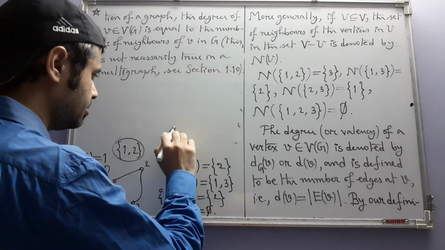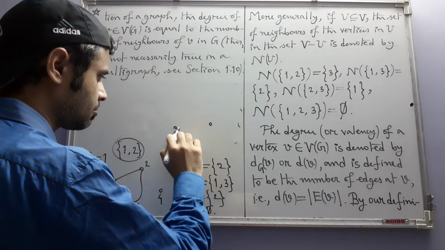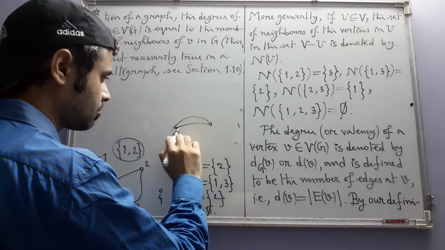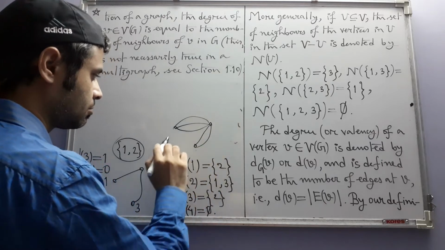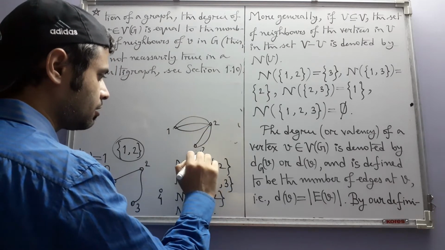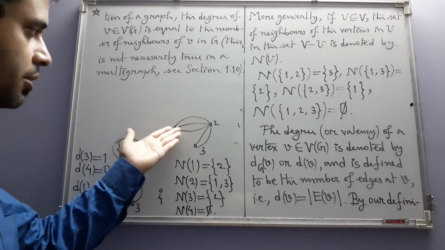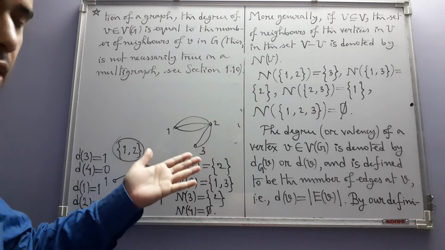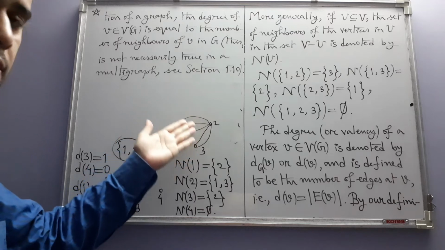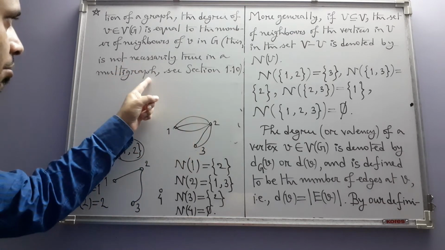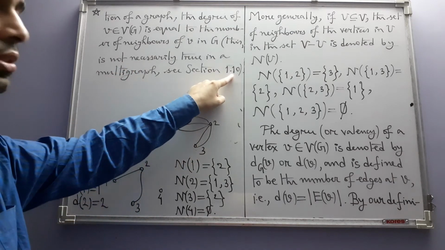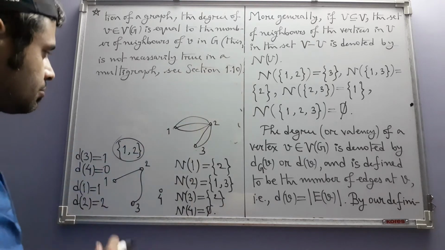There is nothing like this. We are not considering structures like this. This type of structures where between two vertices, multiple edges are allowed, they are called multigraphs, which we will see in section 110.